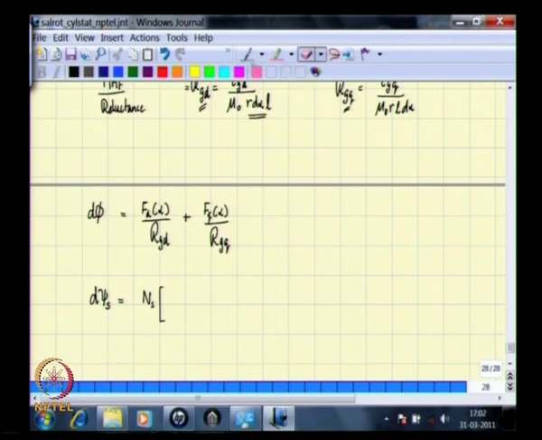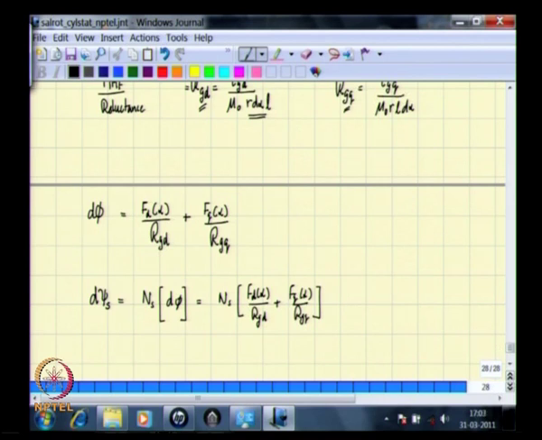So this is Ns multiplied by Fd of alpha by Rgd plus Fq of alpha by Rgq. Now this is the flux linkage caused due to the elemental flux that is crossing that particular area.